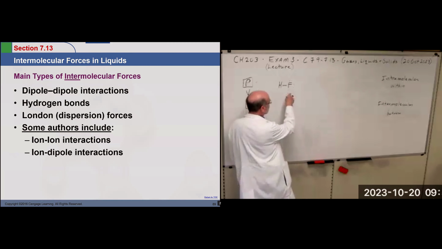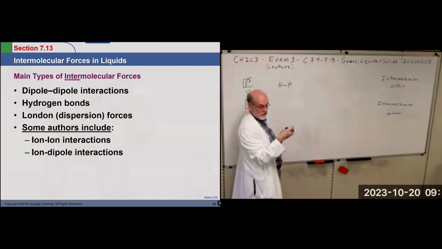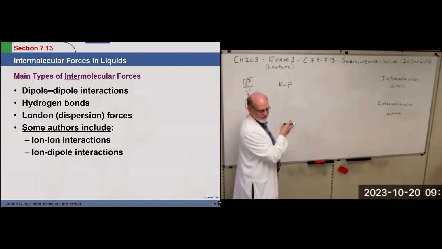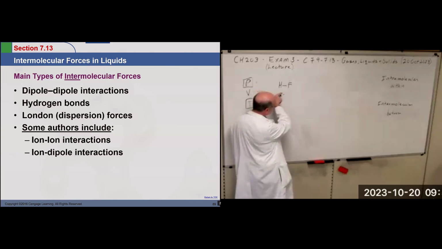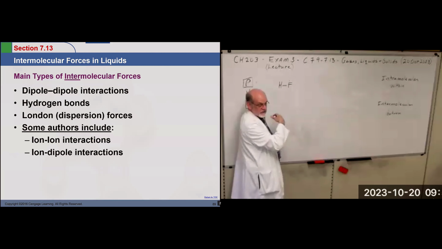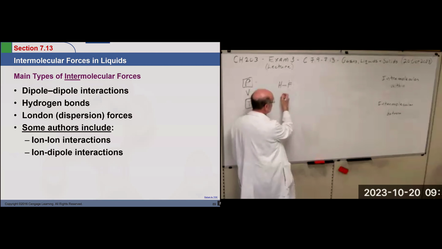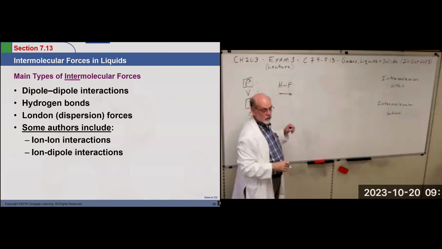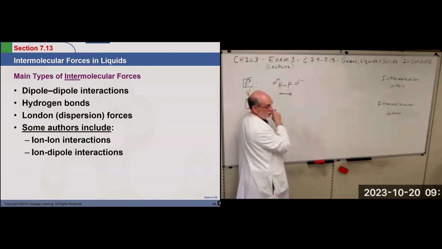So even though this is a covalent bond where they share electrons, they don't share them equally. Right? Some atoms are more equal than others. So we get a shift of electron density toward fluorine over time. So it produces a dipole moment in the direction of fluorine. And that gives the fluorine side a slightly negative charge and the hydrogen side a slightly positive charge.